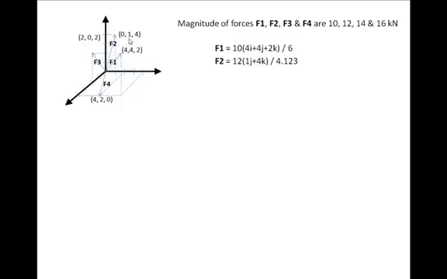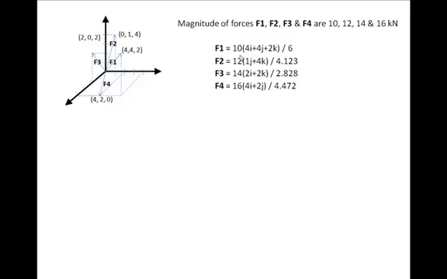So it is 1j plus 4k divided by under root of 1 square plus 4 square. And similarly, F3, see, these 2, 0, 2 are coordinates of endpoint of this force. So it is 14 into 2i plus 2k divided by under root 2.828, and similarly F4 is 4i plus 2j divided by under root of 4 square plus 2 square, and this quantity is multiplied by magnitude 16.